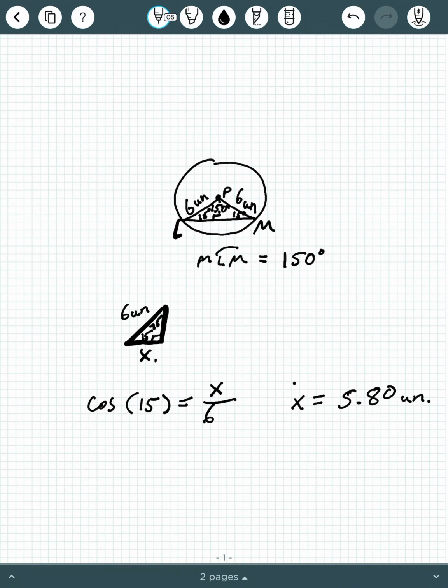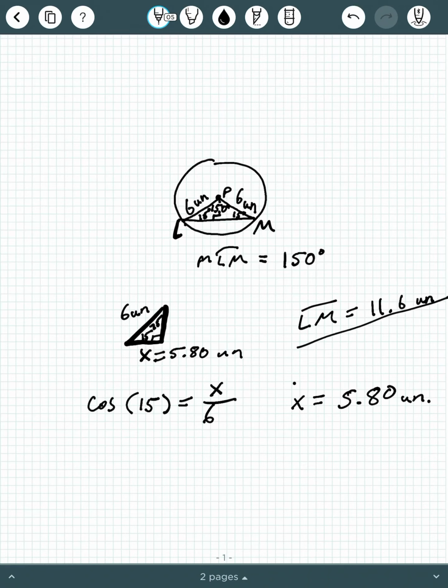If I know x, then I can actually multiply that by 2, since that was only half of the chord LM, and get my final answer. So LM will have a measure of 11.6 units.